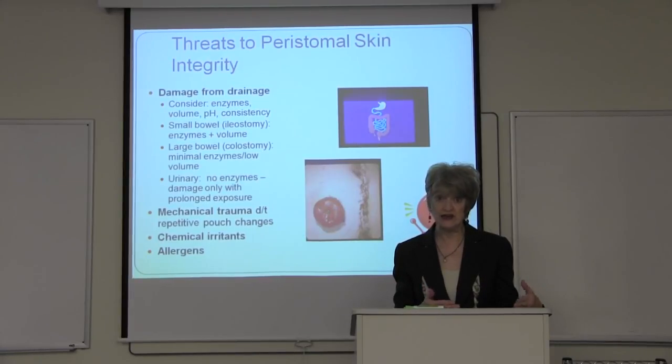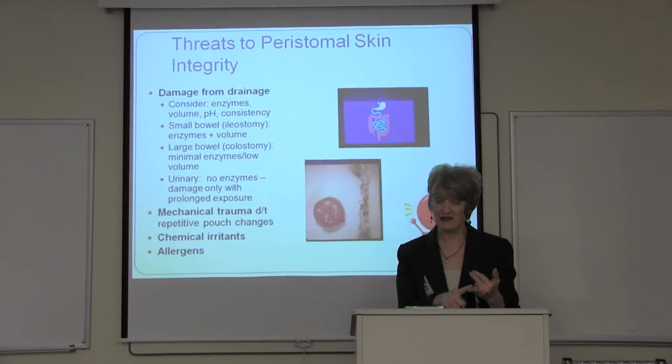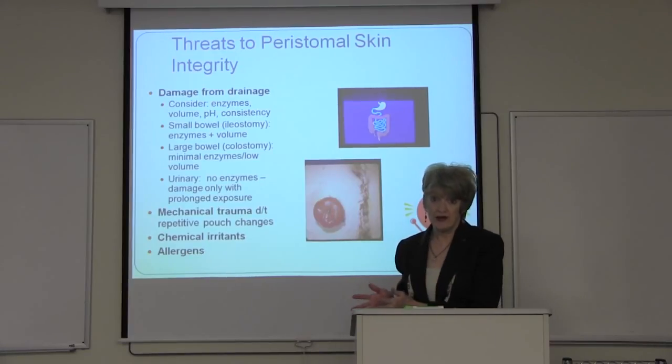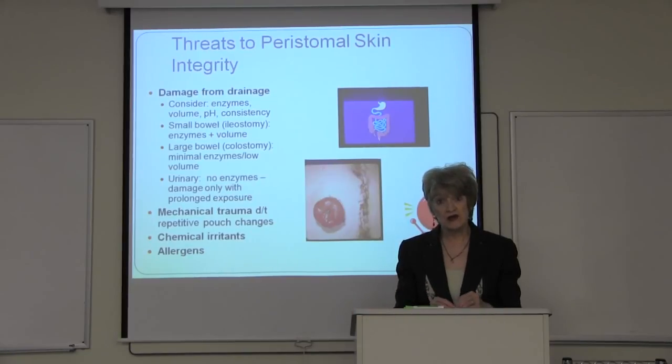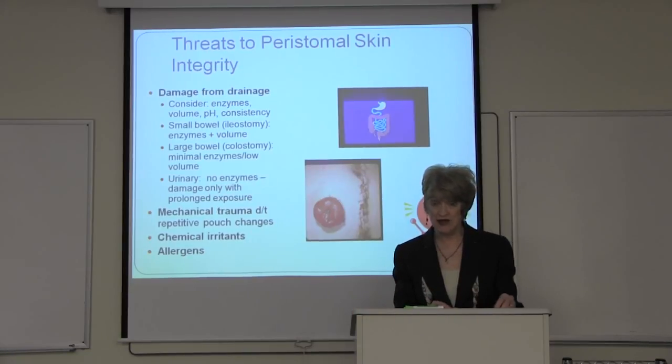So if you have a leaking G-tube, you know how damaging that output is to the skin. High levels of proteolytic enzymes, highly acidic. Pancreatic fluid, very high levels of proteolytic enzymes, highly alkaline. So the greater the difference between skin pH and the pH of the drainage, the greater the likelihood for damage.